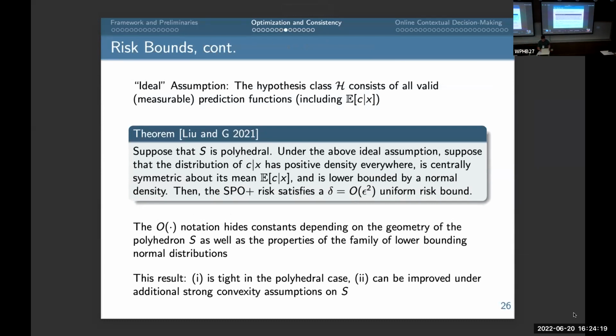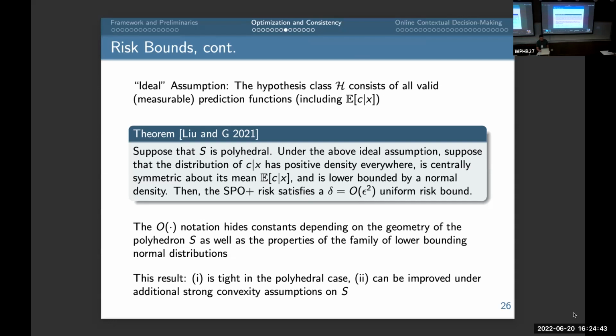And we also show that this result is tight in the polyhedral case and can be improved to an order epsilon result under additional strong convexity assumptions about the set. So under more favorable geometry, you can actually improve this result, but at least in the polyhedral case, we get a result which is tight.